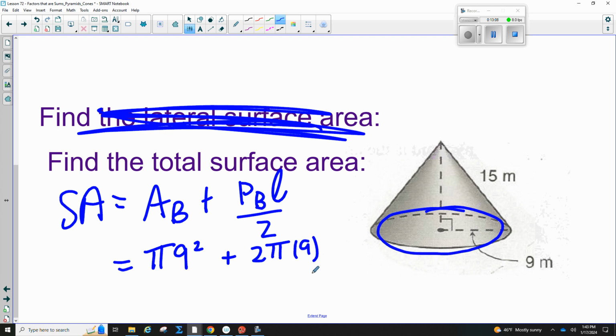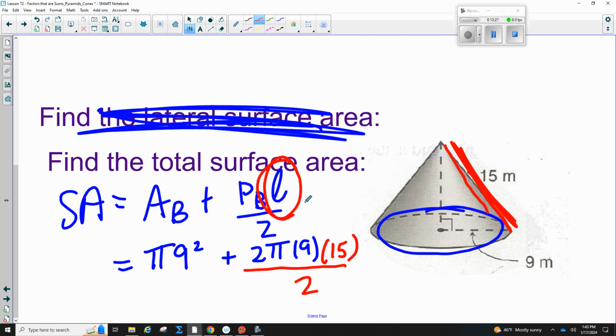All right. Then I multiply by L. What is L in this problem? Yes, we actually have it this time, okay? It's the slant height. You want to use 15 for the slant height, divided by 2. So the biggest thing is remembering that that L means slant height. All right. Now I have 81 pi.